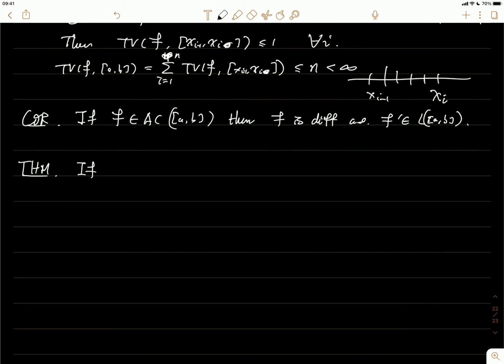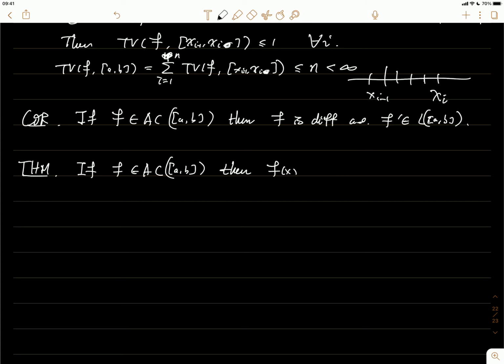So we just need to show one direction now because the other direction has been shown above. Let's say we show this. Suppose we have a function that is absolutely continuous. Then, as we know, f will be differentiable almost everywhere, and the derivative f prime is integrable, and that's what we know from the previous corollary above.